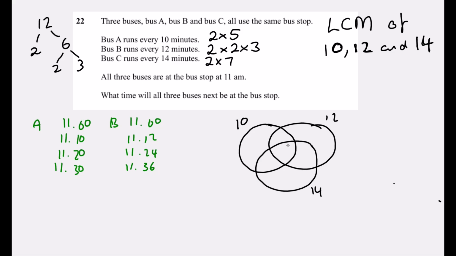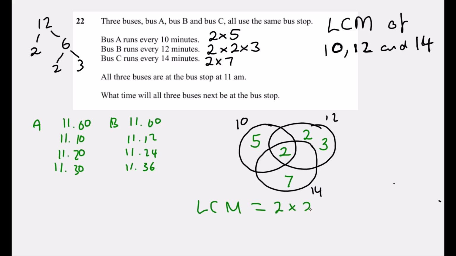So in all 3, in 10, 12, and 14, I need a 2. And in the 10 section only, a 5. 12 section only, another 2 and 3. And the 14 section only is a 7. So the lowest common multiple is these numbers times together.